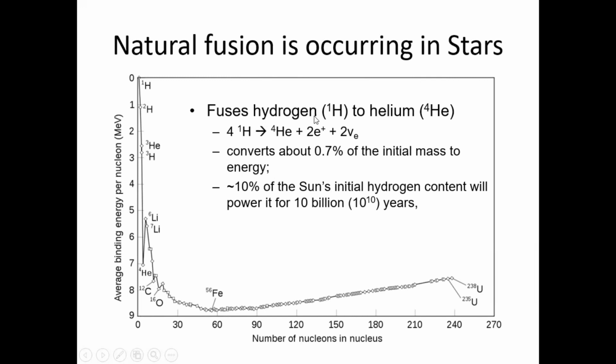The stars have the hydrogen atoms, and the nucleus of hydrogen is proton, and they get converted into helium. 4 protons combine to form helium, and the 2 positrons and 2 neutrinos, and the conversion is about 0.7% of the initial mass to the energy, and that's a very large energy which is emitted in the fusion reaction. 10% of the sun's initial hydrogen content can power about 100 billion years of the sun's needs.